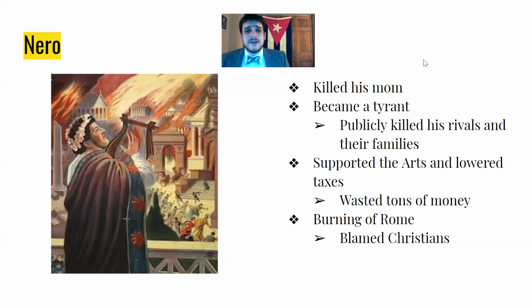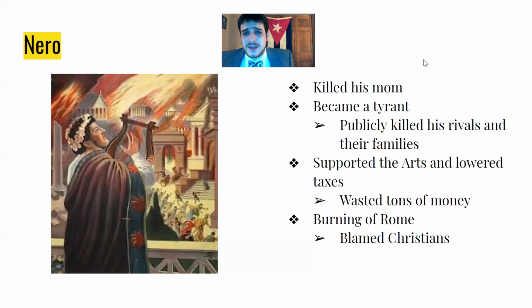One thing that he's going to do here is use the Christian people of ancient Rome as a scapegoat. He's going to blame them and say that they are the cause of the burning of the city. And as a result, he's going to start persecuting them. He's going to start killing them. He is going to crucify them on the cross. He is going to burn them alive. He's going to feed them to the dogs.